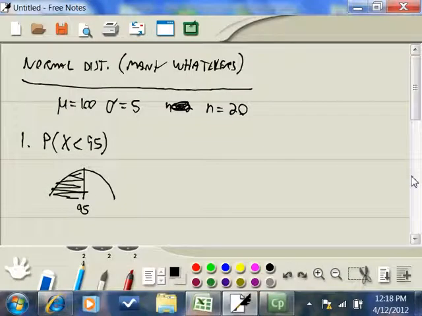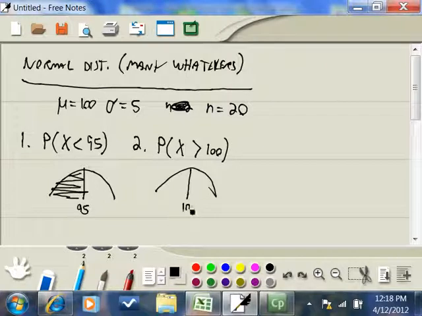Now, the second one we'll take a look at is where we have probability that x is greater than 100. Well, if we look at the picture, greater than 100 would be shaded this way. And Excel doesn't work with that. It has to be shaded to the left.